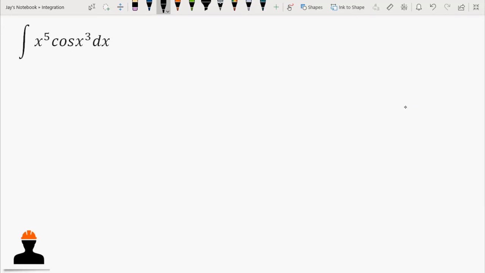We have another example, that is the integration of x raised to the 5 cosine x cubed dx. We have two different functions combined into one function: the algebraic function and the trigonometric function. By checking LIATE, we can see here that our algebraic function comes first before the trigonometric function.